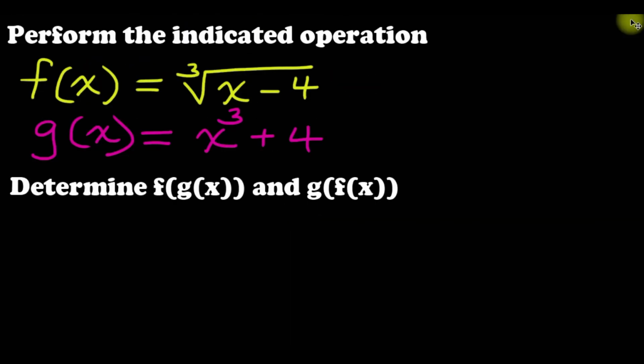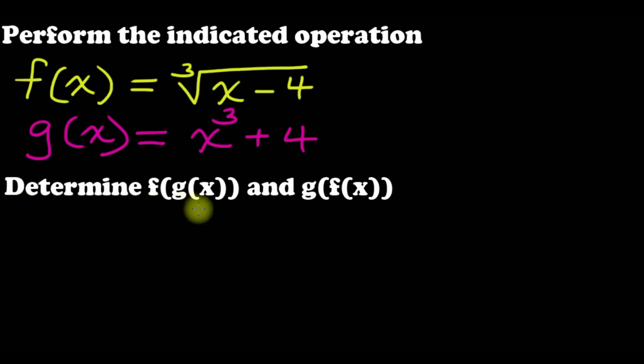Okay, so we determined what f of g of x is. And now we're going to find what g of f of x is. The process of finding g of f of x is similar. So g is outside and f of x is inside.